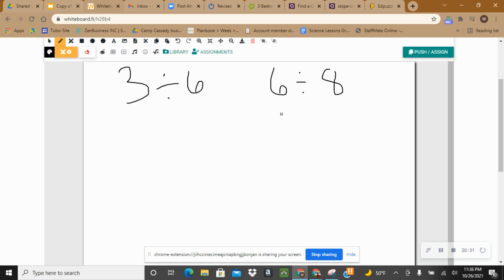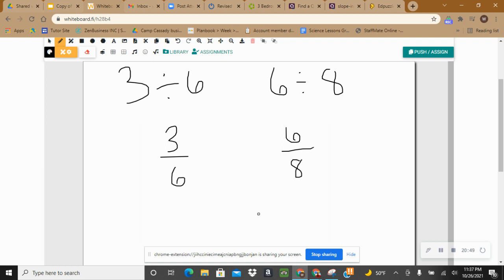So if we remember the rule that the first number is the numerator, second number is the denominator. So this is going to be 3 over 6. This one's going to be 6 over 8.